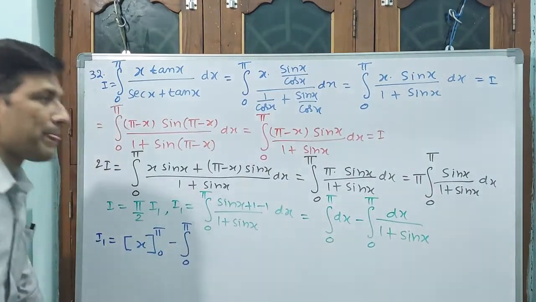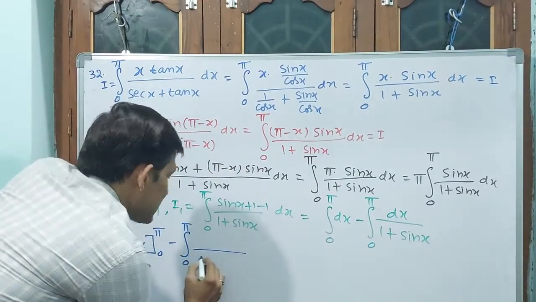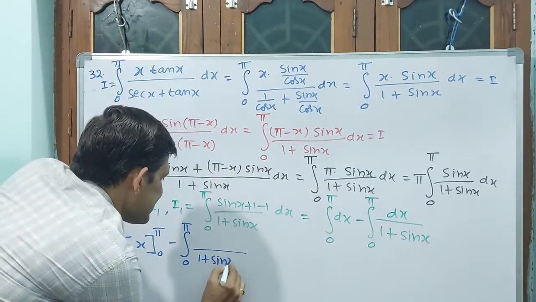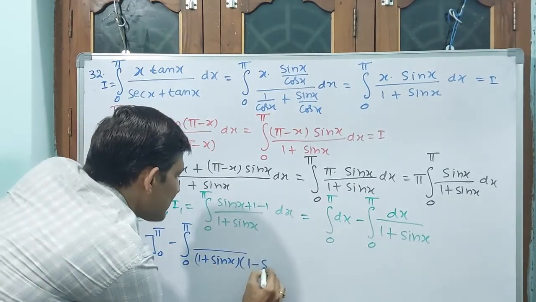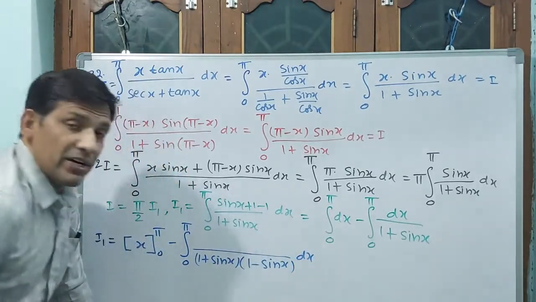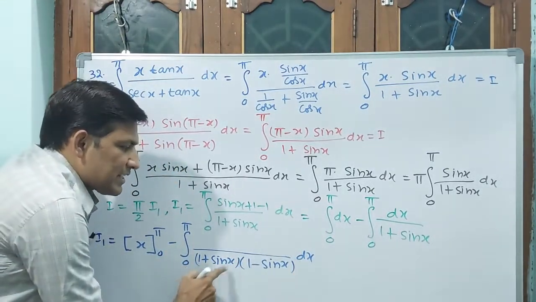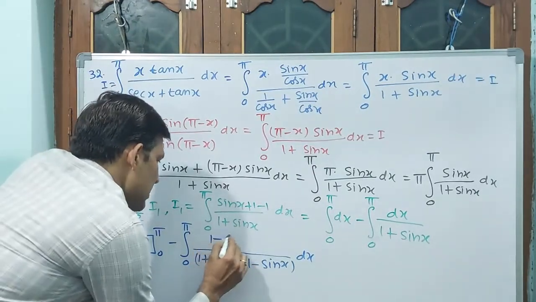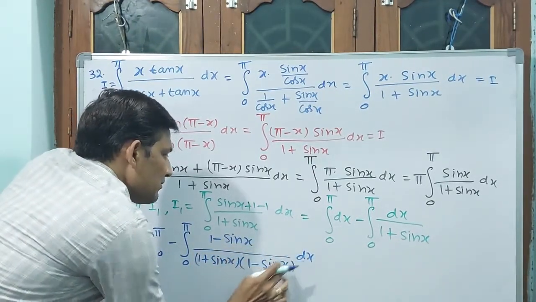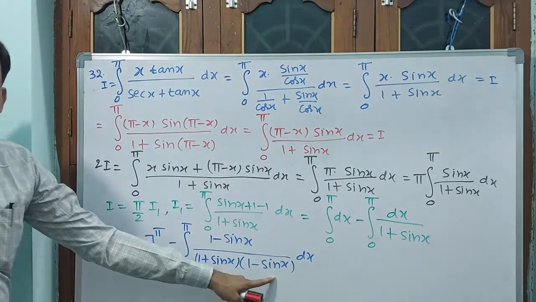In the denominator first I am writing 1 plus sin x into 1 minus sin x. I am doing rationalization, multiplying numerator and denominator with the conjugate. 1 plus sin x means the conjugate is 1 minus sin x. Is it okay? Now the denominator is going to change to 1 minus sin square x.